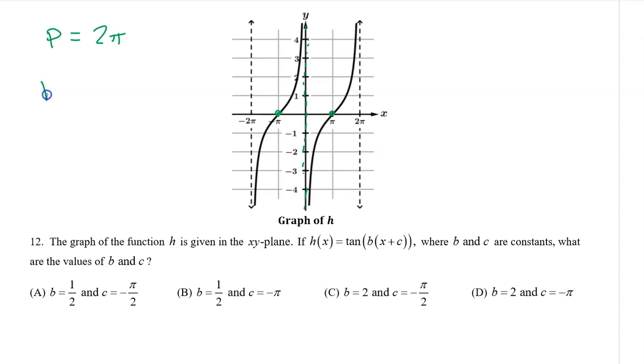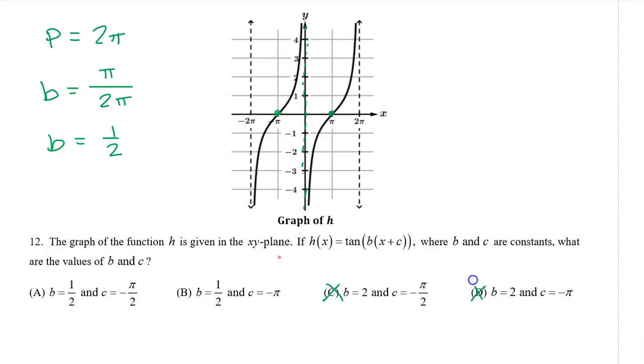Now we can find the b value. The b value is always given by pi divided by the period, so pi over 2 pi. The pi's cancel each other out, leaving b equals 1/2. Okay, so we can eliminate options C and D.